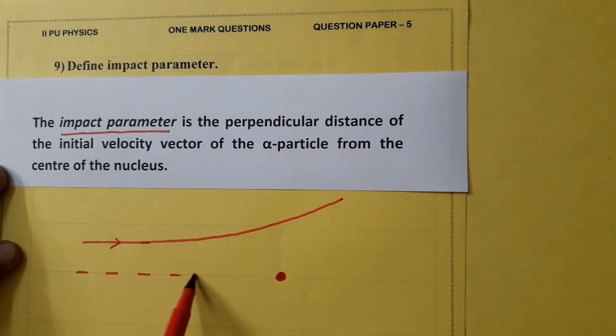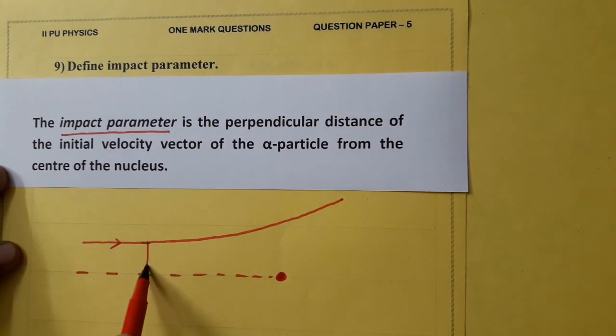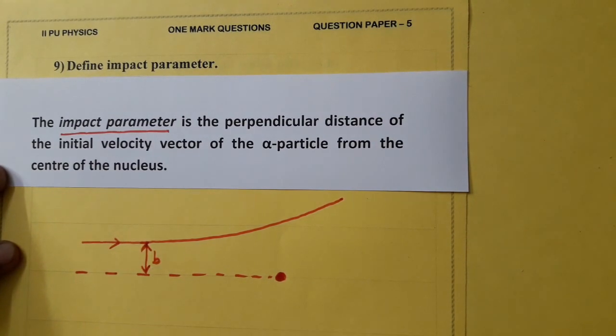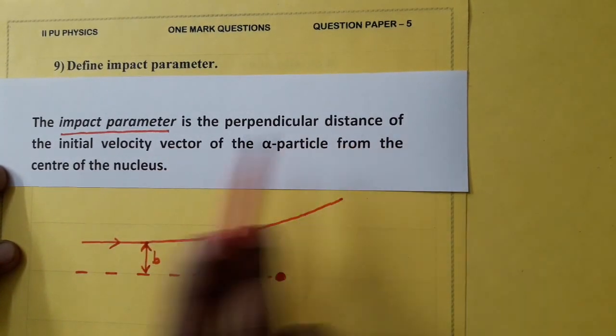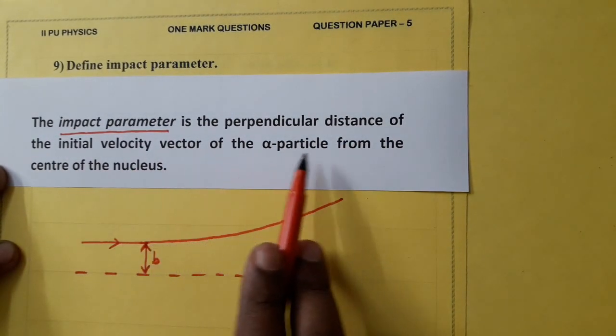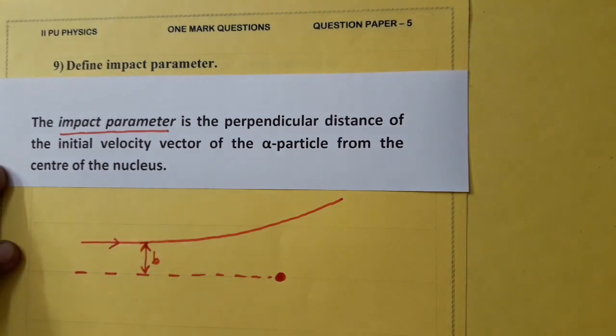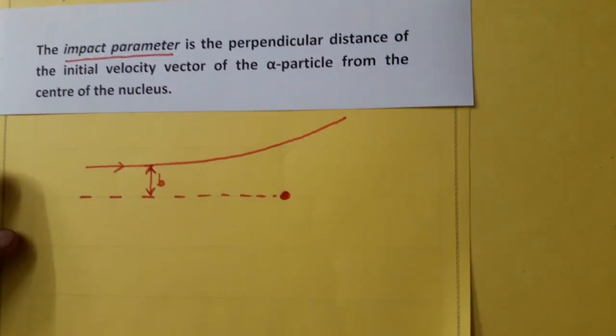This perpendicular distance is the impact parameter. Okay, now go through again. Impact parameter is the perpendicular distance of the initial velocity vector of the alpha particle from the center of the nucleus.